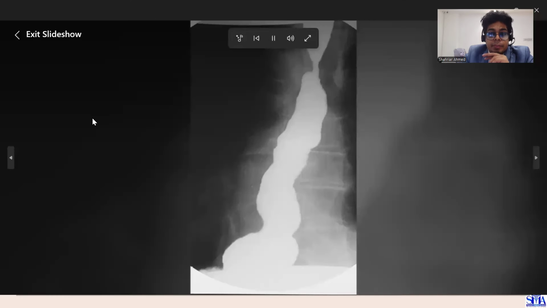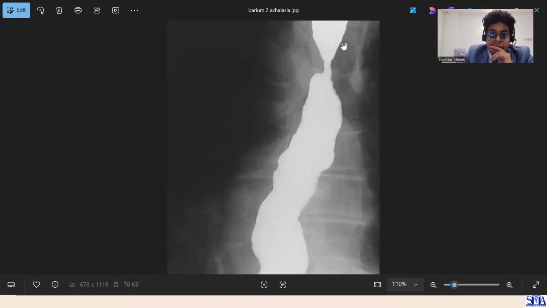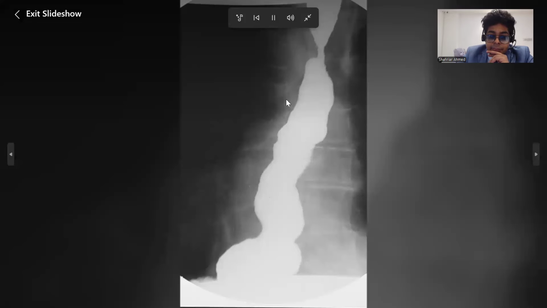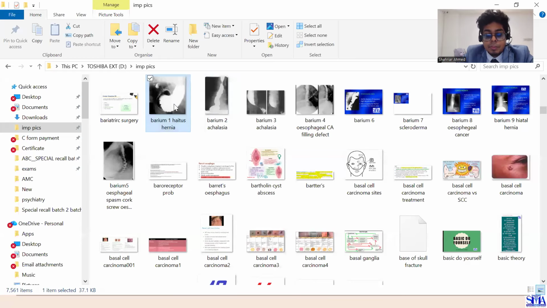So about this one, this is more towards the achalasia. See, sometimes the very classic one, this section they might not give you. So this is achalasia.